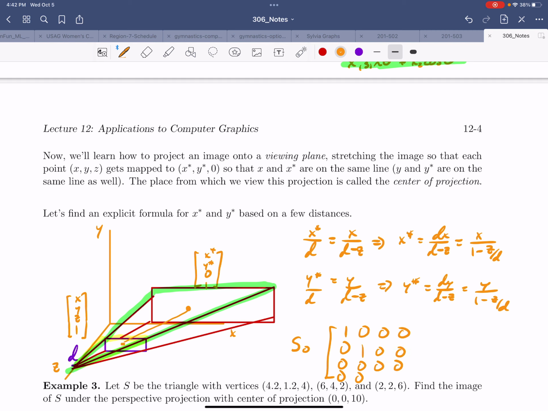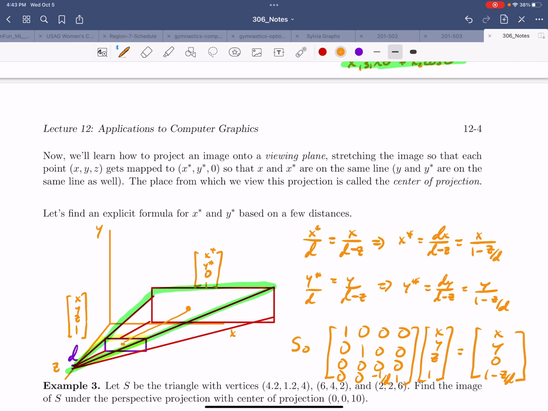So we wind up having this, and then we write, I think it says negative 1 over d right here. Whoop, negative 1 over d. And then this is a 1. If you multiply this by x, y, z, 1, you wind up getting exactly what you're hoping for, which is x, y, 0, and then this is 1 minus z over d.